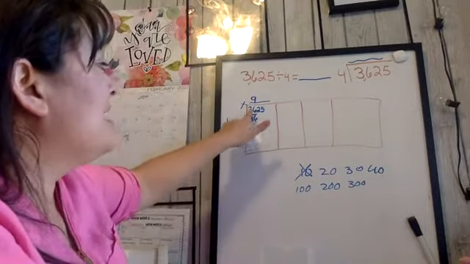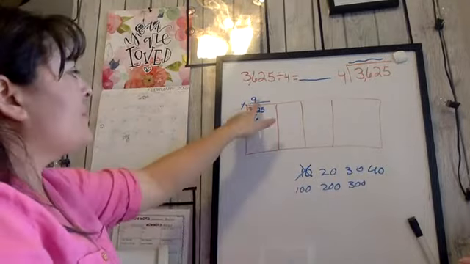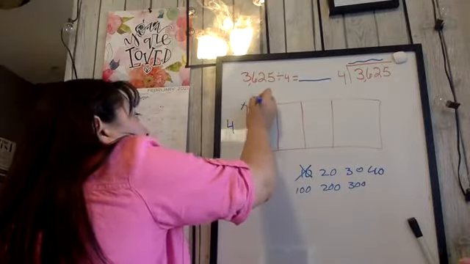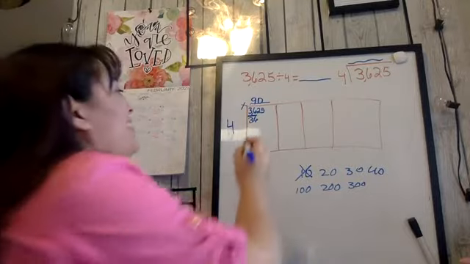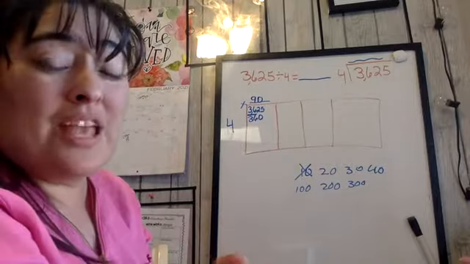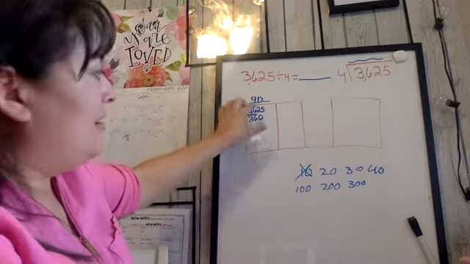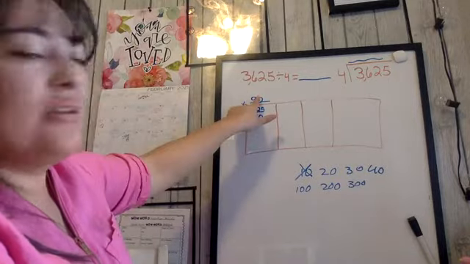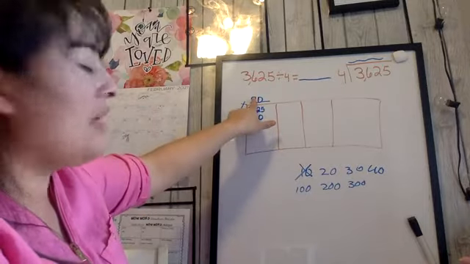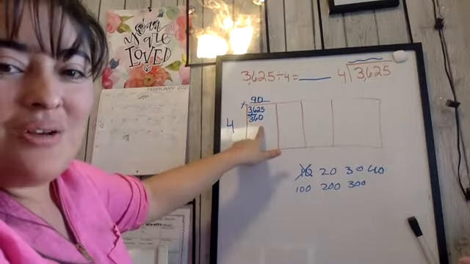This is 3,625. So, if 4 times 9 is 36, 4 times 90 is going to be 360, because we learned this when we did the multiplication. When you multiply a multiple of 10, all you have to do is place that 0 at the back of your answer. However many zeros that you multiply will be how many zeros you add to your answer.